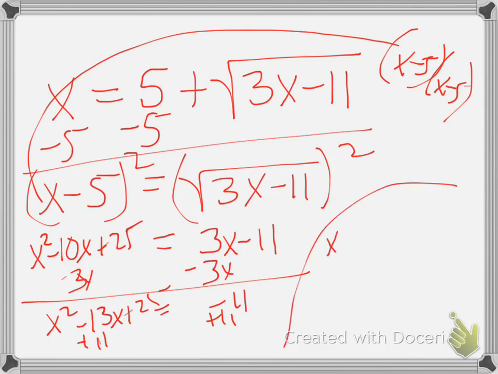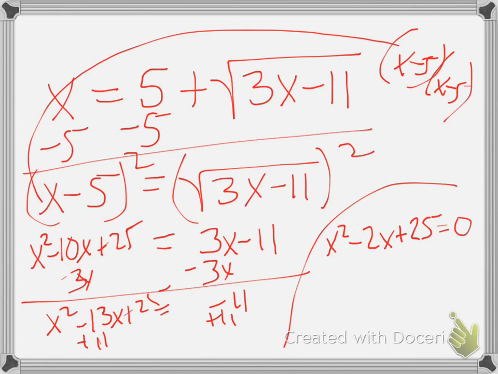And you get x squared minus 2x plus 25 equals 0. And then you want something that multiplies to 25 and adds to negative 2, and I must have screwed up somewhere because there's no numbers that do that.